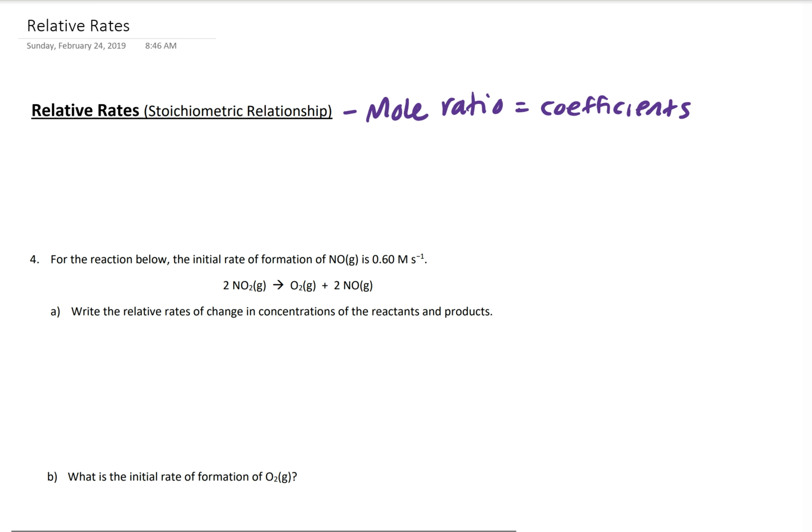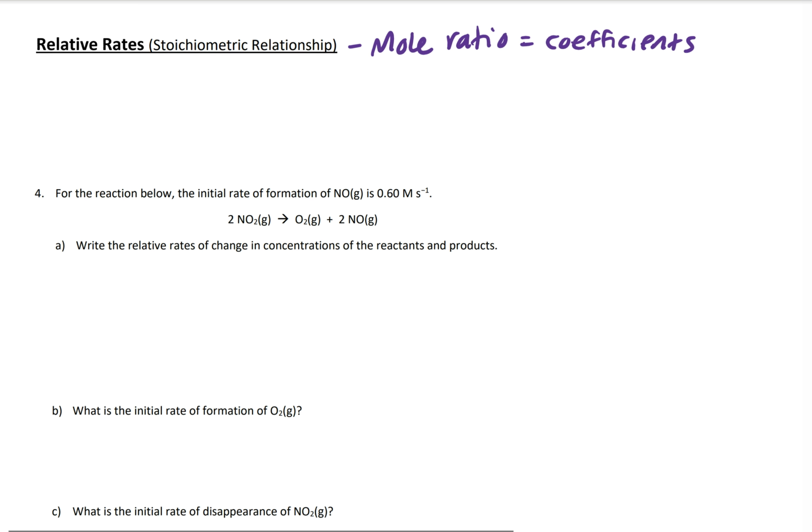So let's take a look at this reaction. We're producing oxygen gas and nitrogen monoxide, and it says the initial rate of formation, which means to make or made, is 0.60 molar per second. So at a rate of 0.60 molar every second, nitrogen monoxide is made. So just look at your balanced equation.